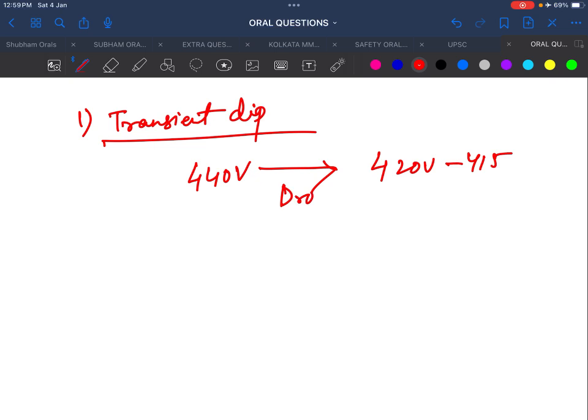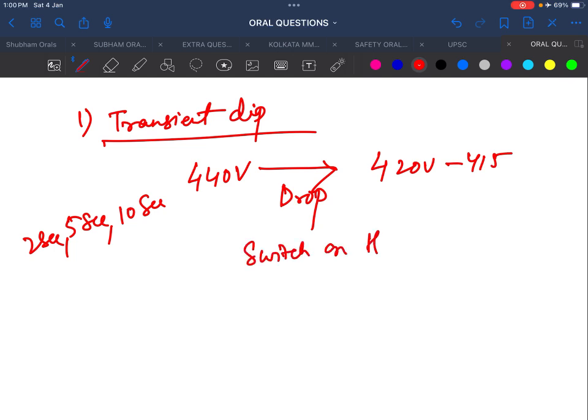It will drop for the next 2 second, 5 second or 10 second, like this. So there is a certain drop in voltage due to switching on heavy power equipment.